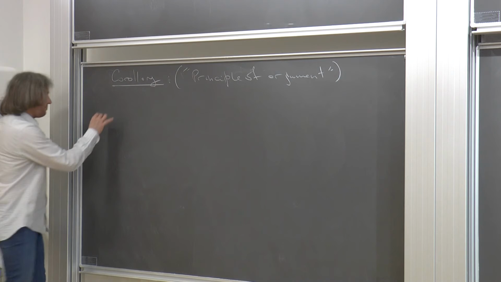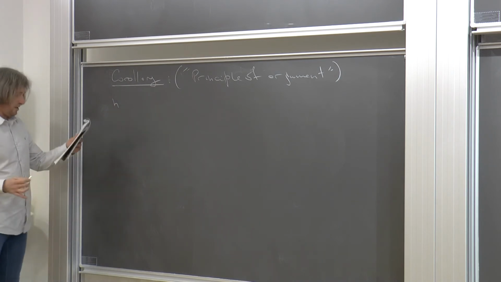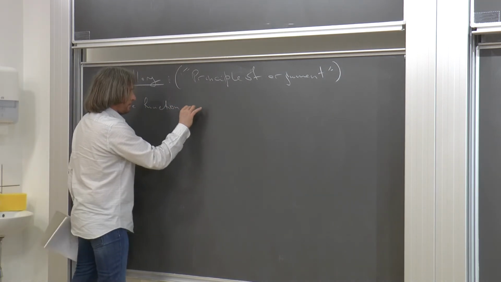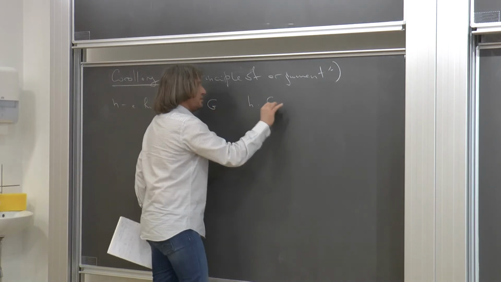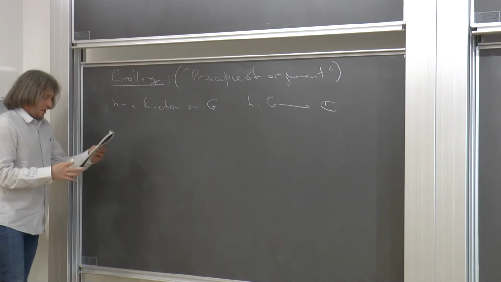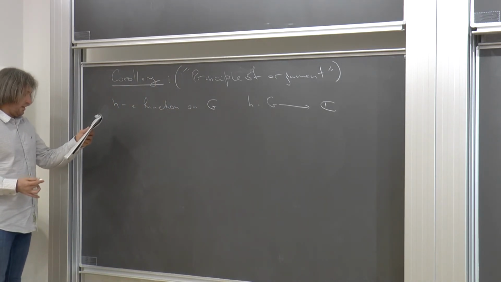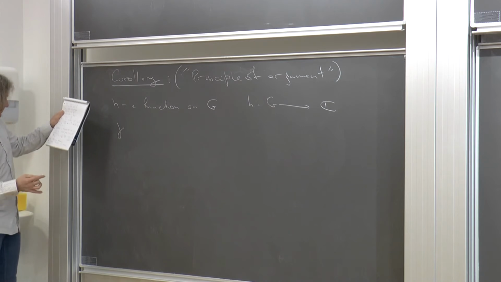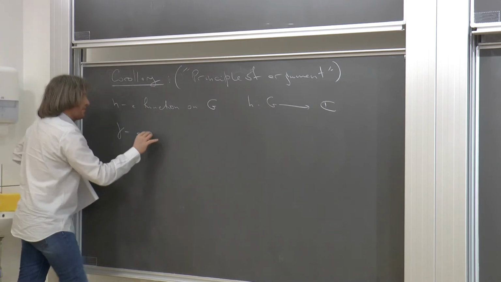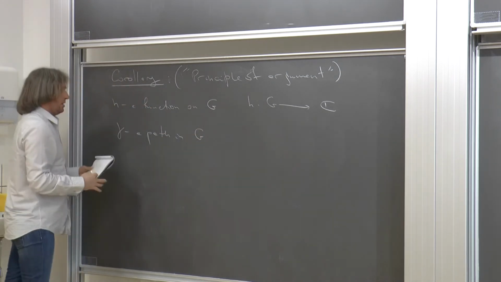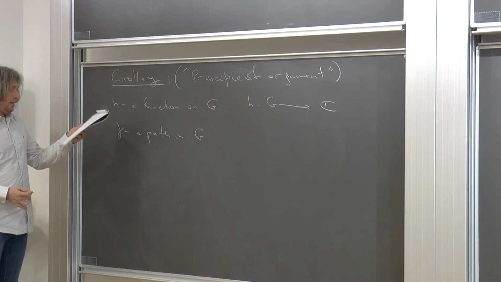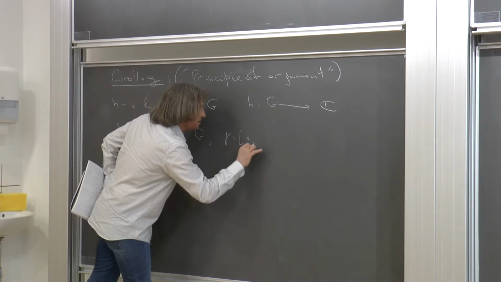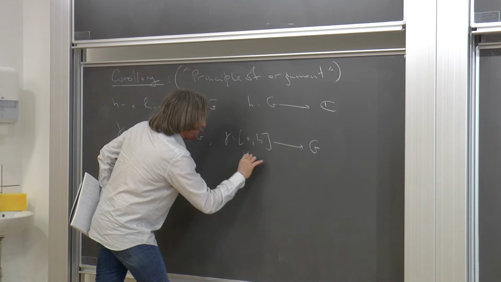Suppose we have a gamma, a path, and a function h from G to C. We have the original gamma, a map from [a, b] to G, with gamma of a equal to gamma of b.